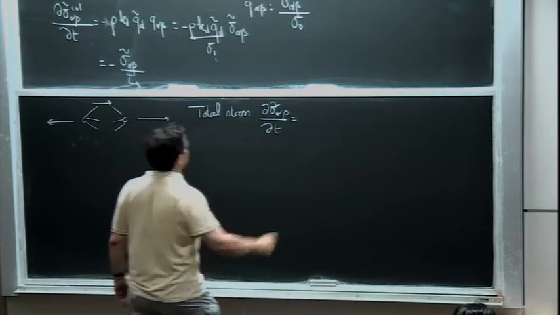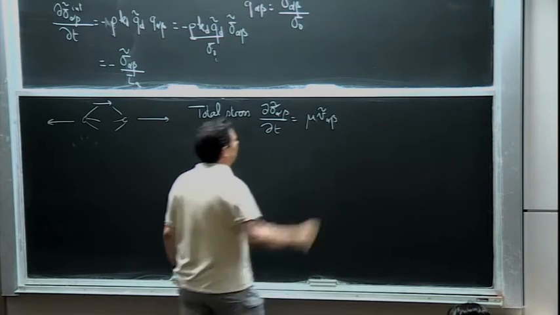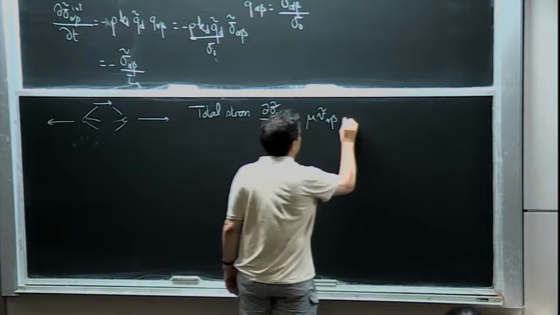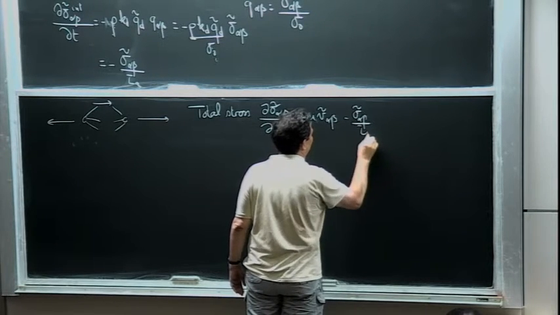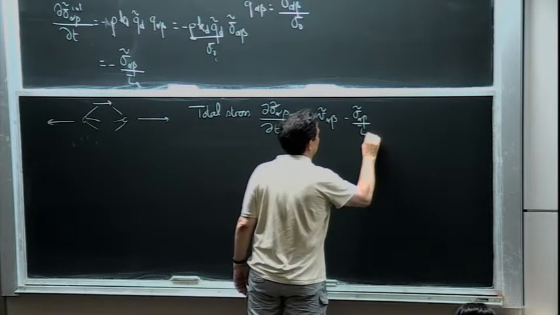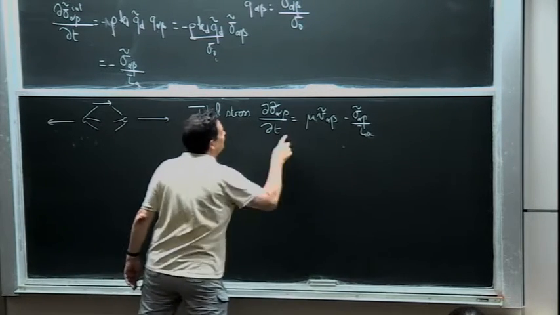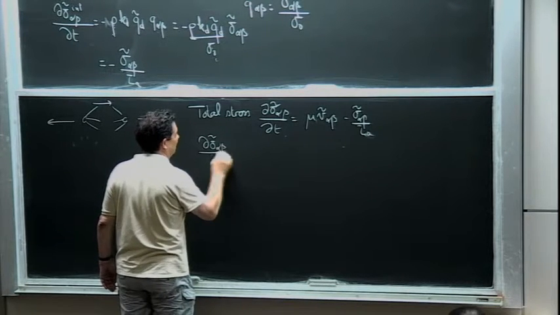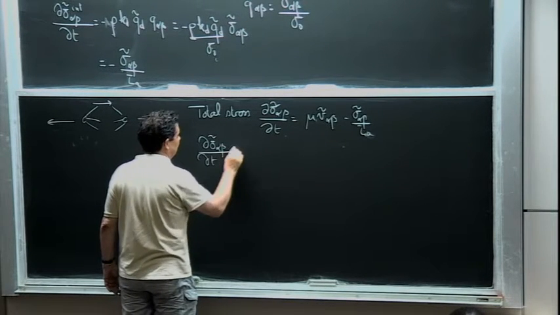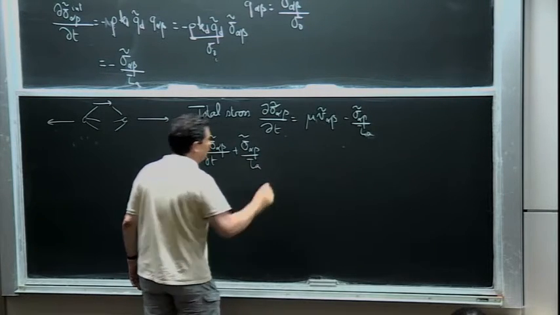The elastic stress was mu P tilde alpha beta minus, or if I rewrite it by putting this term here, d sigma tilde alpha beta dt plus sigma tilde alpha beta over tau a.